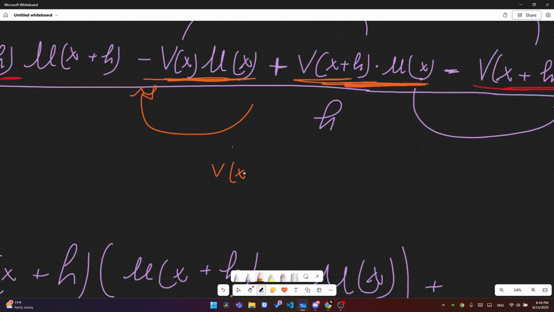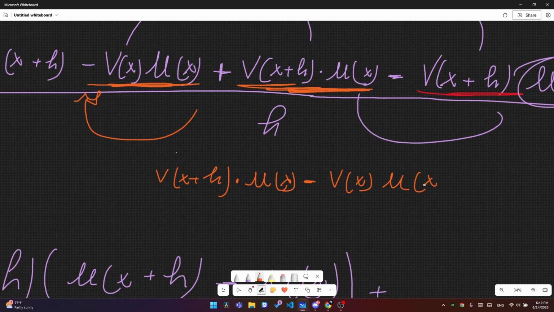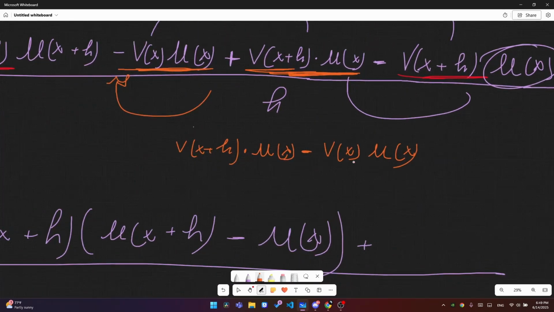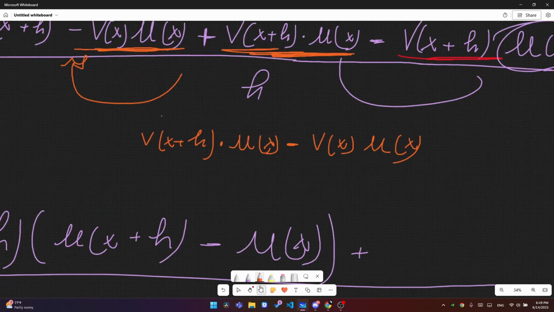v of x plus h multiplied by u sub x minus v of x u sub x, which I can factor out the u sub x from.